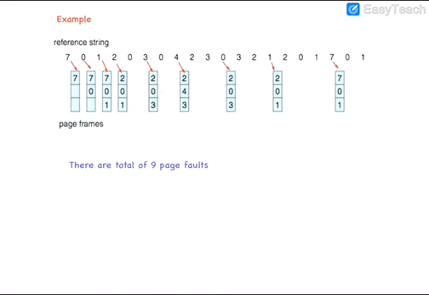Again for page 2, it is already present, no page fault. 3 is already in memory, no page fault. Again comes 0, and we have to replace a page to find a place for 0.